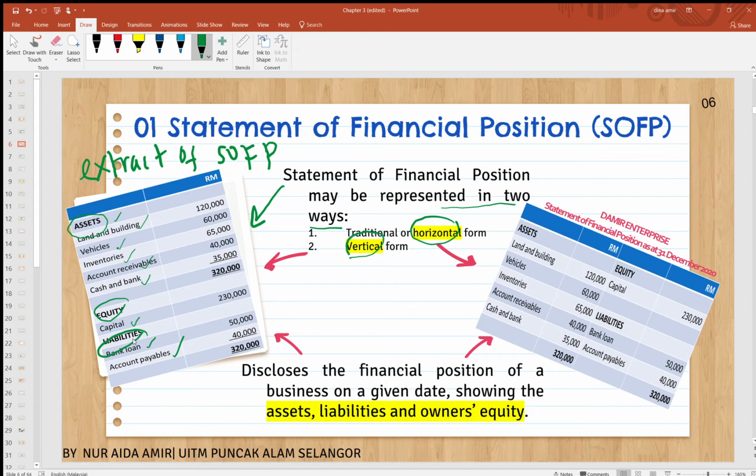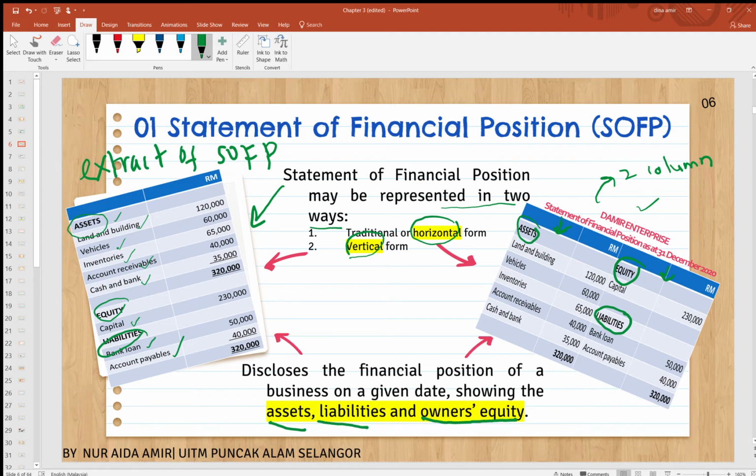Horizontal is like this one, Damir Enterprise. It is divided into two columns: one column for assets, and another column for equity and liabilities. However, both types of financial position statement will disclose the asset components, liabilities components, and owner's equity components.